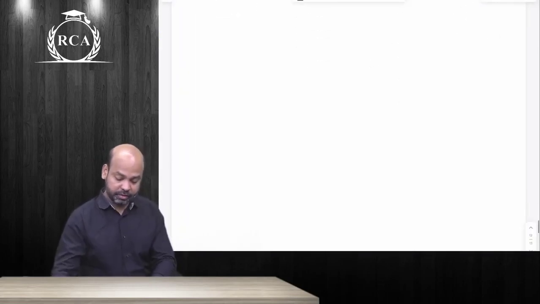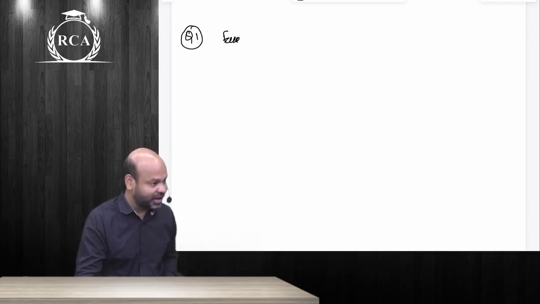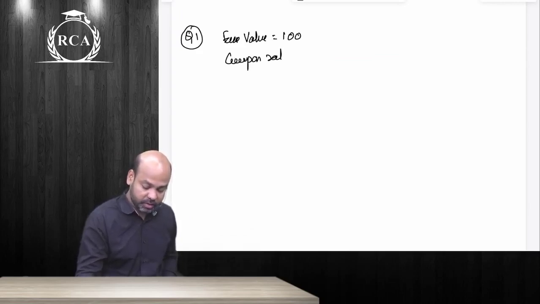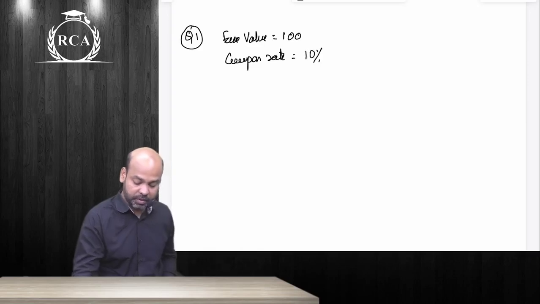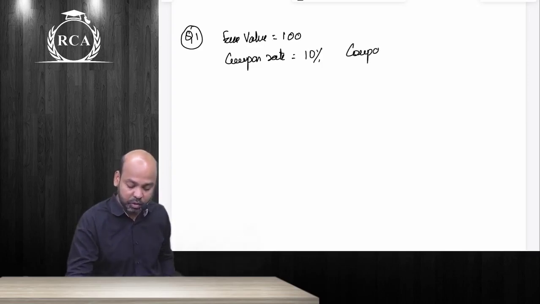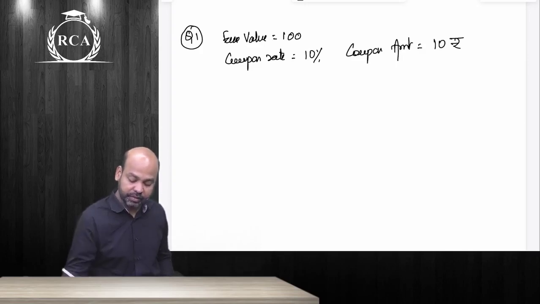No idea, sir. Face value beta is 100. Coupon rate is how much? 10%. Therefore, your coupon amount beta is going to be 10% of 100 rupees, that is 10 rupees.